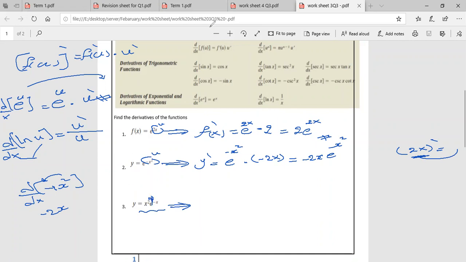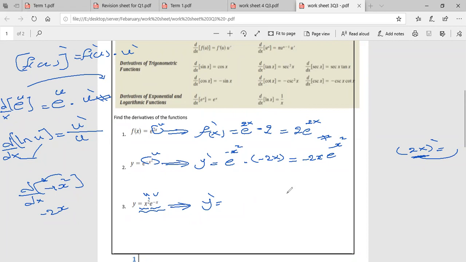Wait a minute. It will be what? x squared e... y prime, the derivative of y, it will be x squared. Yes. But here, do you notice, Karim, this is a product of two functions u and v?